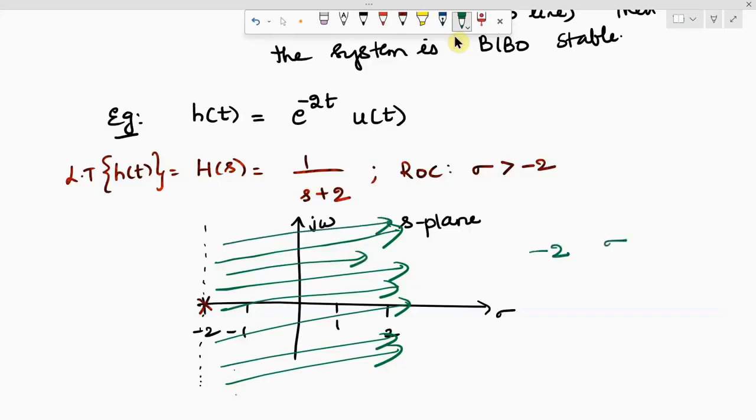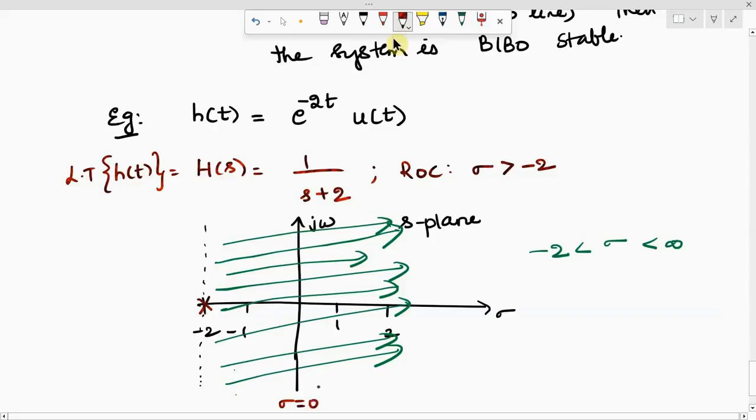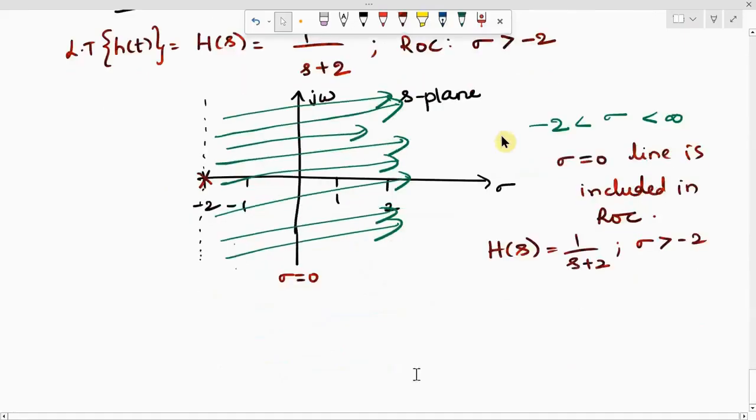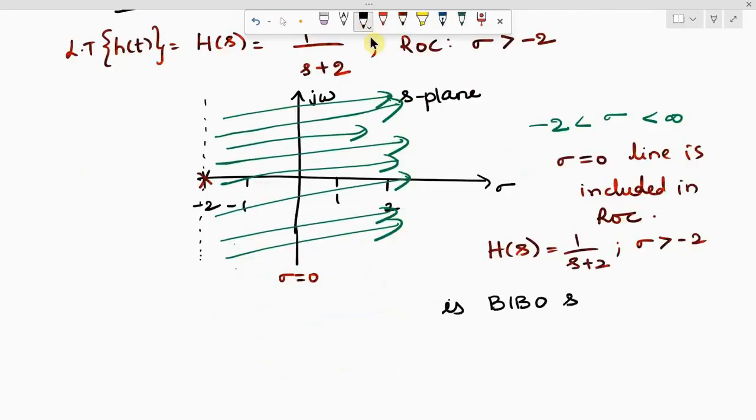Minus 2 to infinity. Now see whether the line sigma equal to 0 or imaginary axis is present in the ROC or not. Yes, sir, it's present. Right. So sigma equal to 0 line is included in the ROC. Therefore, as per the earlier discussion, what is the conclusion for h of s equal to 1 by s plus 2, with the ROC sigma greater than minus 2? BIBO stable.